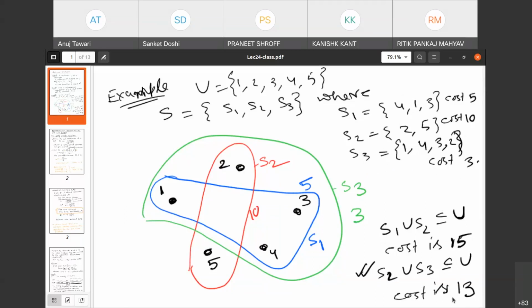So how do you find the minimum cost such selection? Solving this problem is very difficult in general. We saw a reduction from vertex cover to set cover. How did we model it?